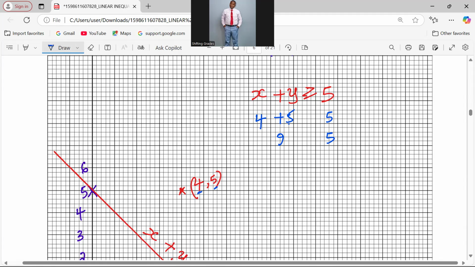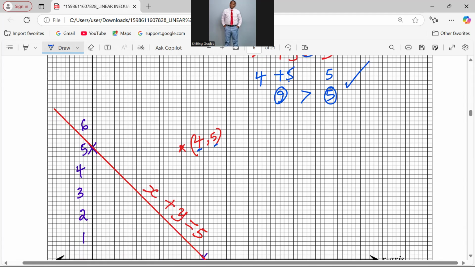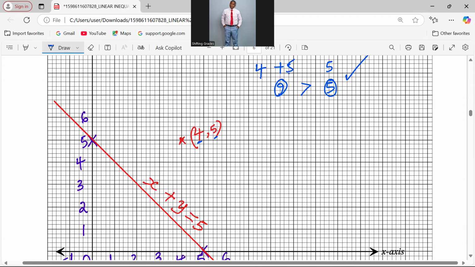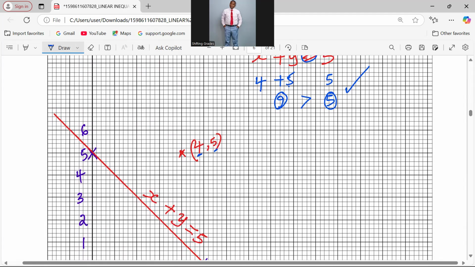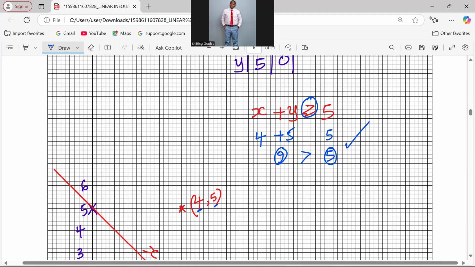Now we examine the relationship between 9 and 5. Is it that of greater than? Very true, 9 is greater than 5. Therefore, when we pick a coordinate on the upper side of this line, the coordinate agrees with the symbol used there.